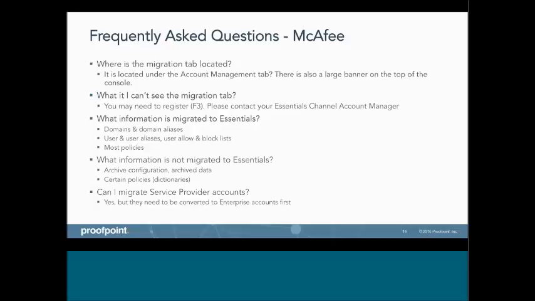As far as the archive data goes, you would have to download the data that has been made available to you, and then work with Proofpoint to send that data to our teams, whether through a secure FTP or on a hard drive. We can then work with you to process and import that mail. But that's not done automatically. This is completely out of scope for the migration tool that is in place.